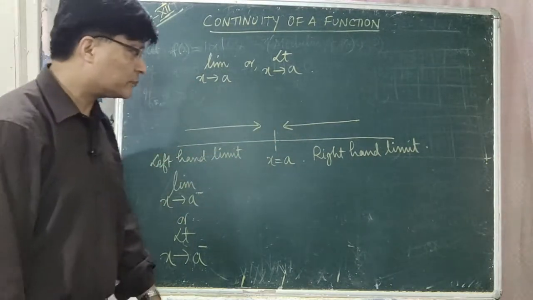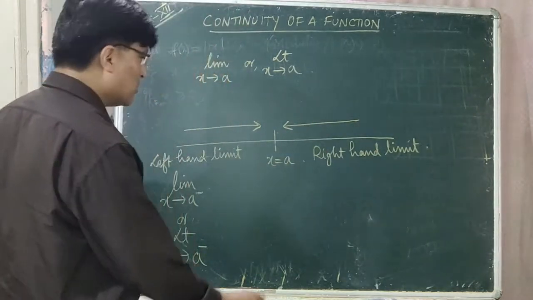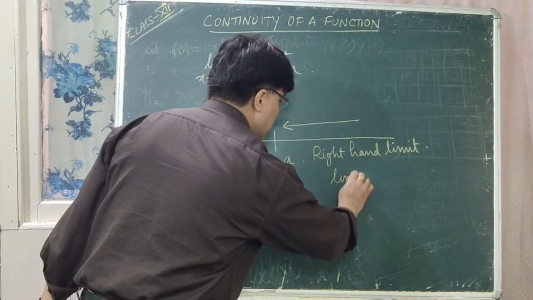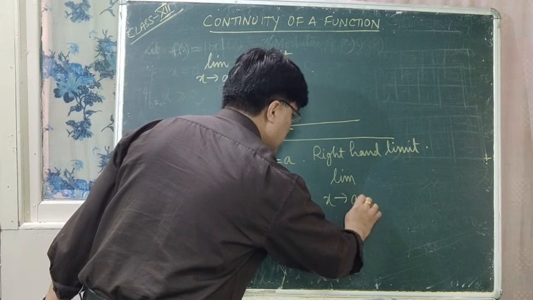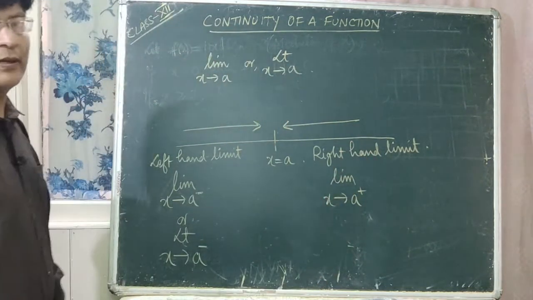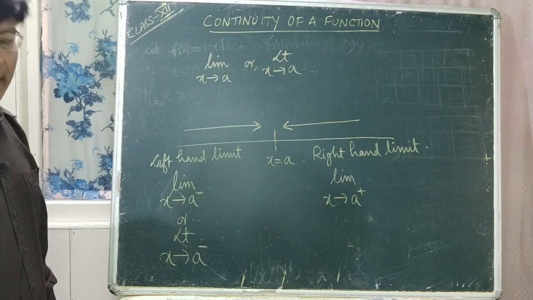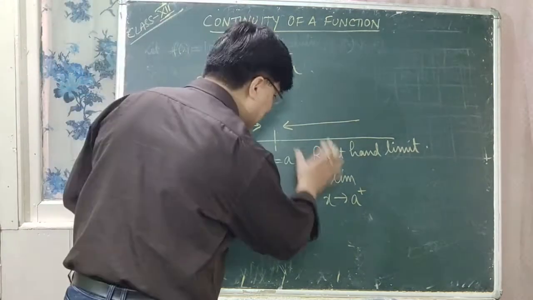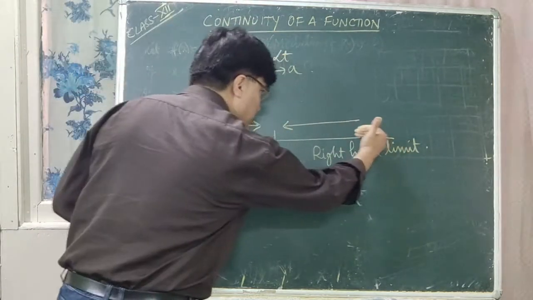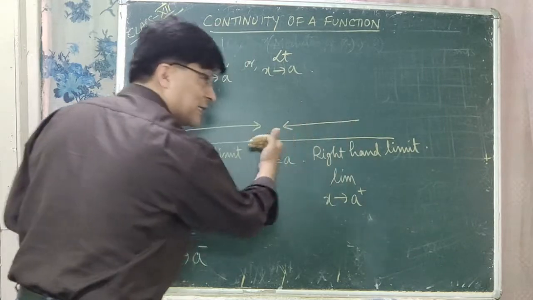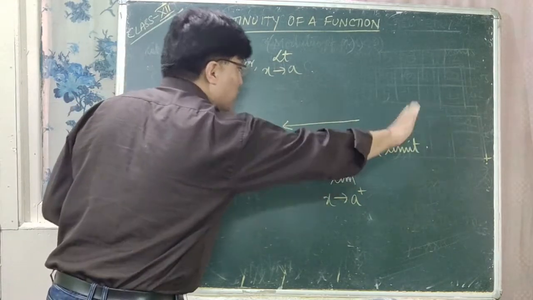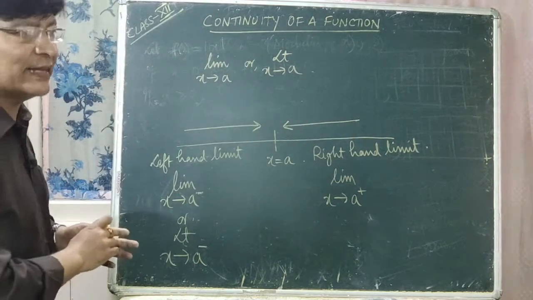Is that clear? Now right hand limit is denoted by what? Limit x tends to a plus, because in this case x is approaching a from which side? Right hand side, and all the values of x on the right hand side are greater than a.